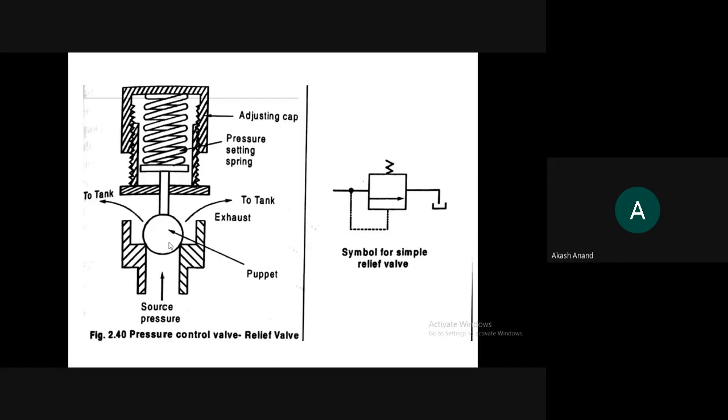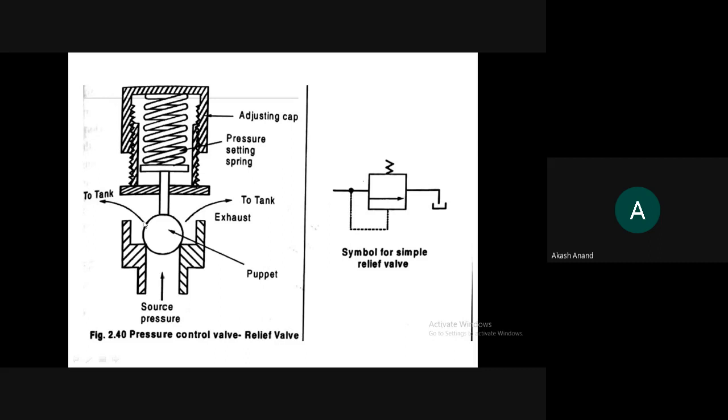You may confuse it with a directional control valve. Actually, we are controlling the direction here, but why pressure? Why is it called a pressure control valve? Because we can give a certain magnitude of pressure. With the help of the adjusting arrangement in each of the pressure valves, we can control the magnitude of pressure inside a valve.